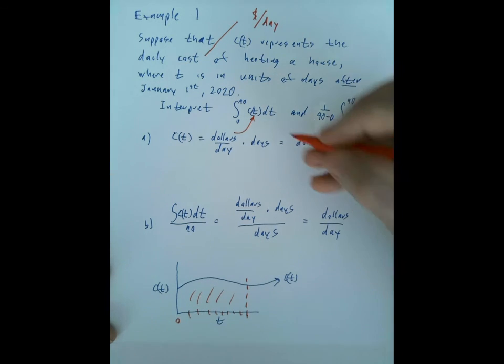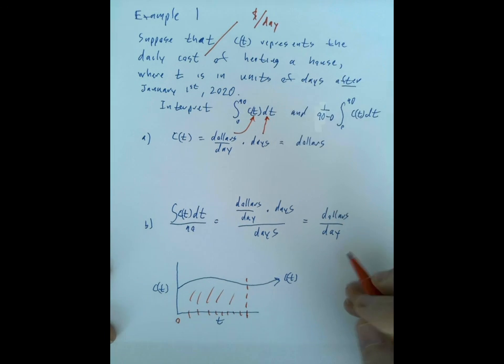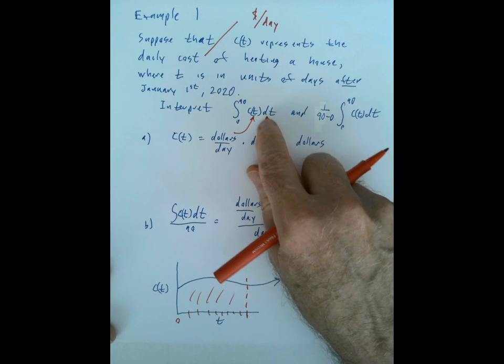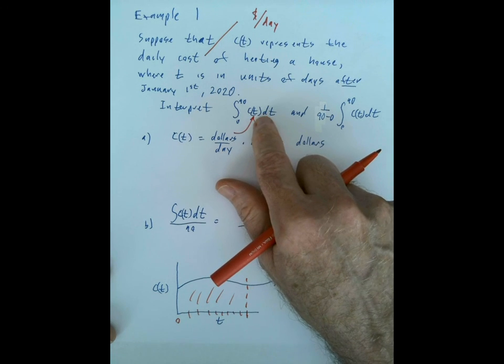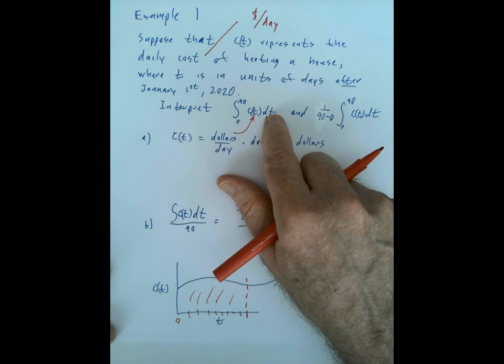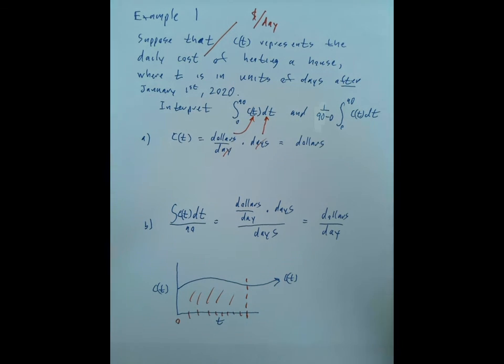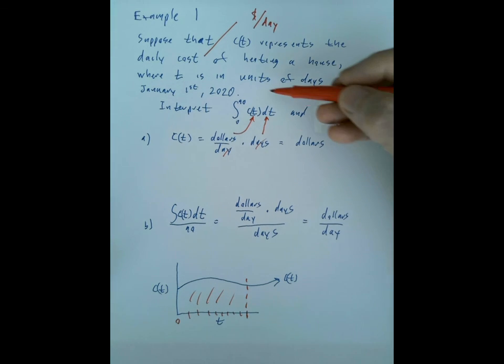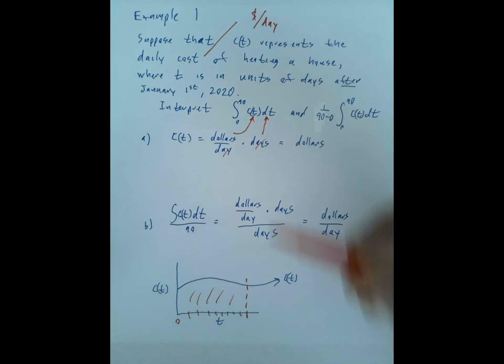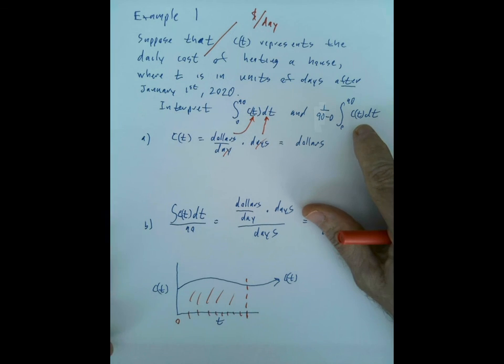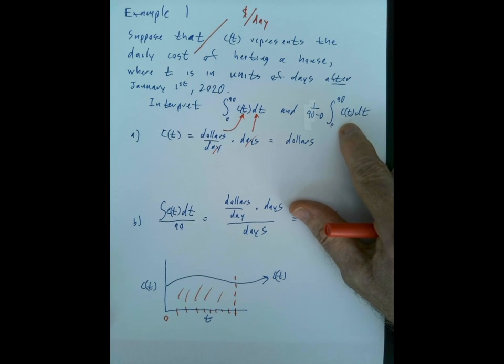T is days, right? And we're literally multiplying there. Remember, it's height times base. We're multiplying those. Can you see that the days cancel out and we get dollars? So if we just do this integral, it'll give us the total accumulated cost of our heating for the first 3 months of the year. Got it? Now, what would this integral mean?